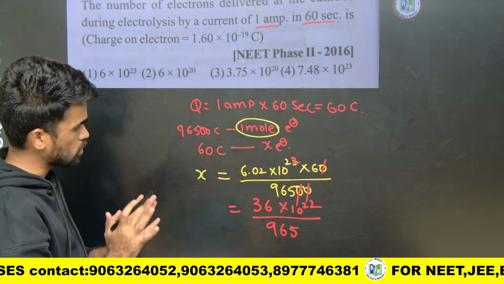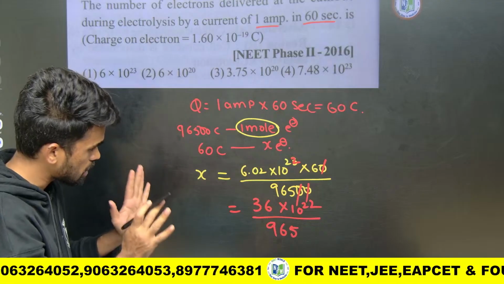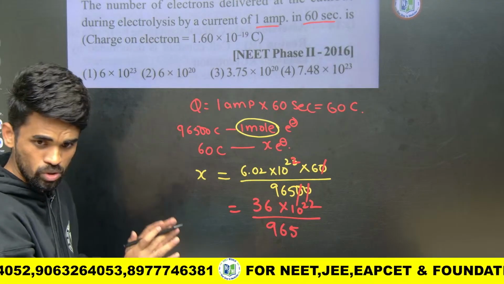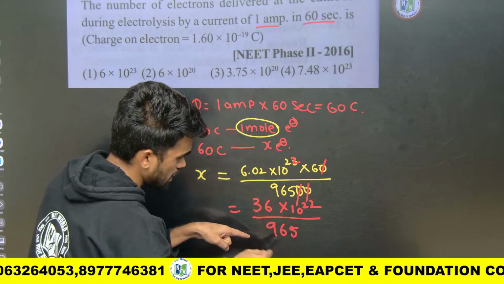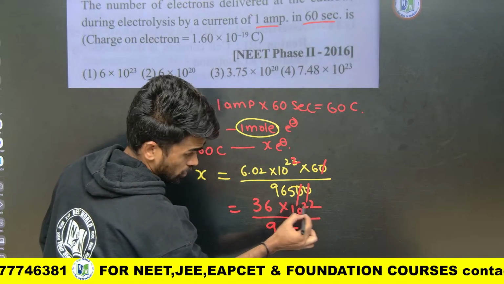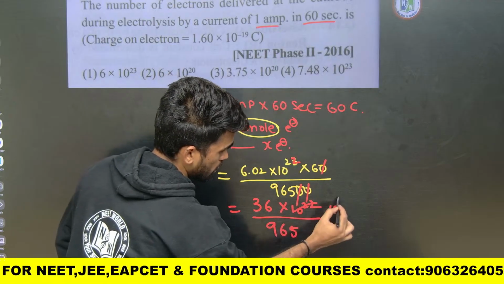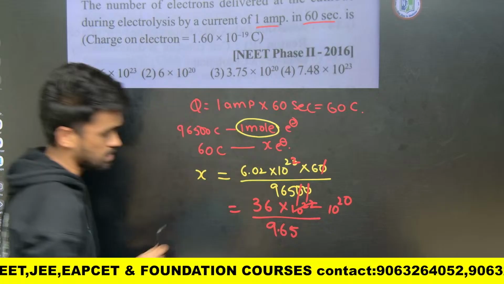Just look here, there is nothing to solve because we have 4 options. Do not solve it more and more clearly. This is 96, so I am removing 2 zeros out of this, so this will become 10 power 20, and I can write this as 9.65.